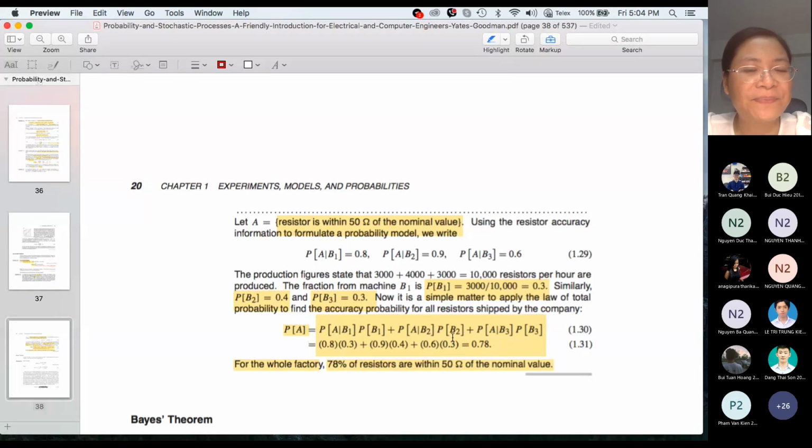I have a question. Can I have a question? I often confuse the conditional probability and the joint probability. For example, I cannot distinguish between the probability of A given B and the probability of A and B occurring at the same time.